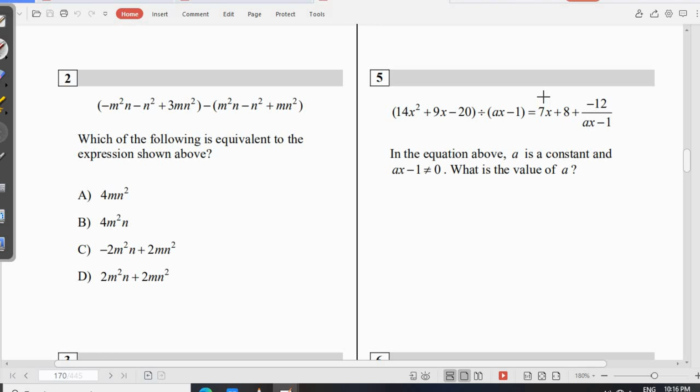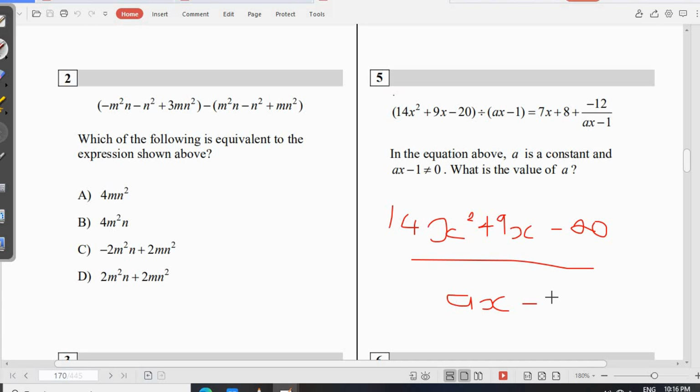Let's multiply everything, and when we mean everything, we are talking about multiplying each individual term by ax minus 1. Now, because this is divided by this, it is the same thing as writing 14x squared plus 9x minus 20 divided by ax minus 1.